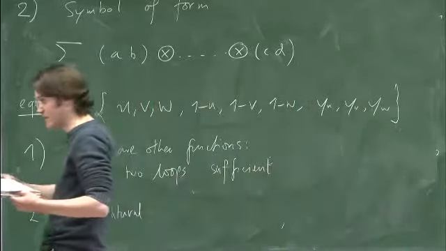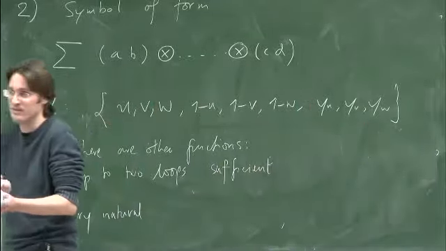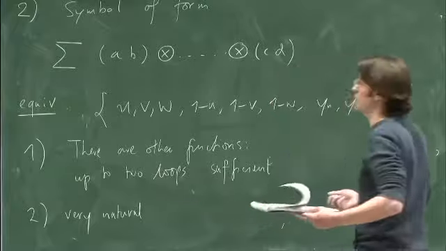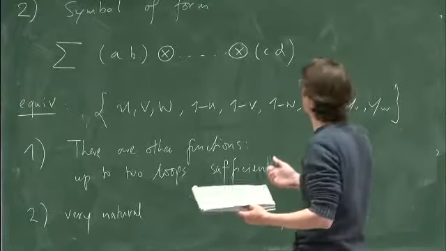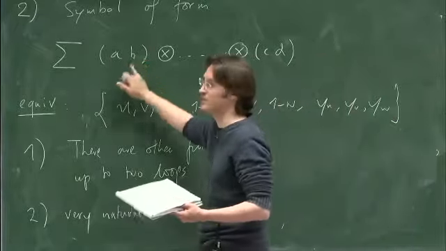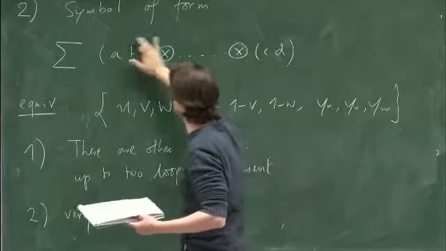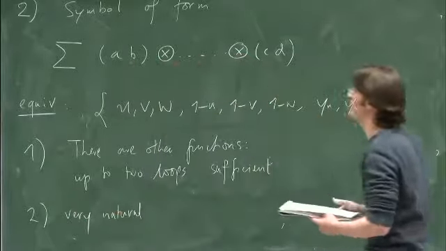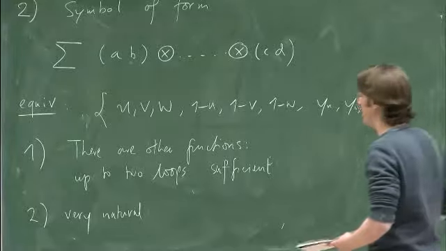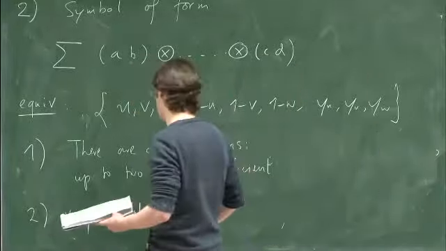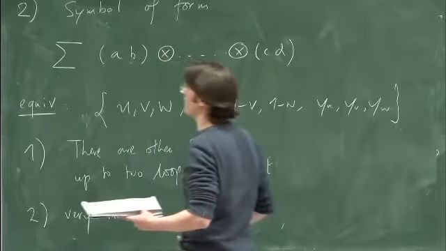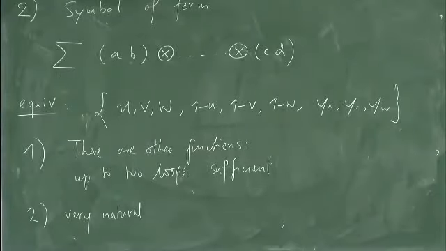And the only thing interesting that can happen is when 2 of them coincide. So singularities should be to do with when 2 things coincide, and that's exactly when one of these guys vanishes. So the locations of singularities are somehow encoded in the entries of these symbols. So that's why, at least at 6 points, this assumption 2 is very natural from the point of view of analytic structure.